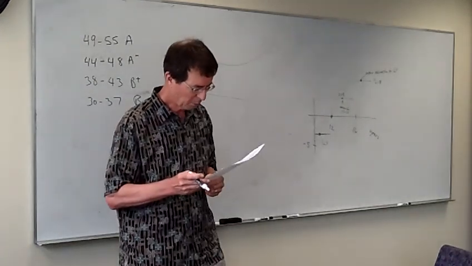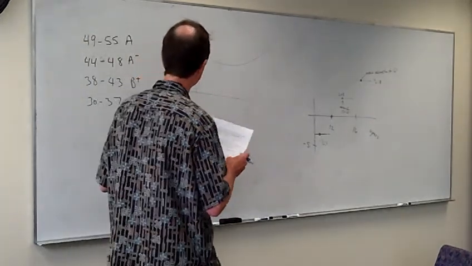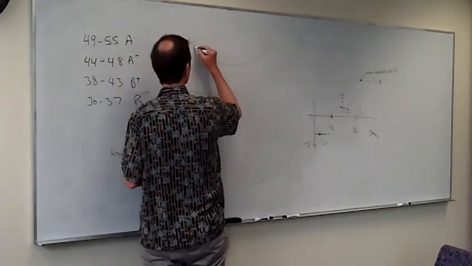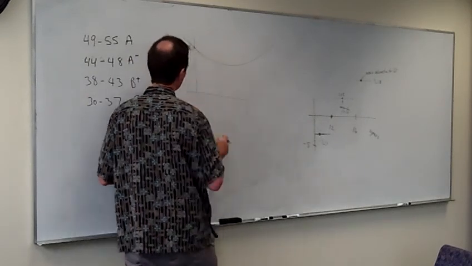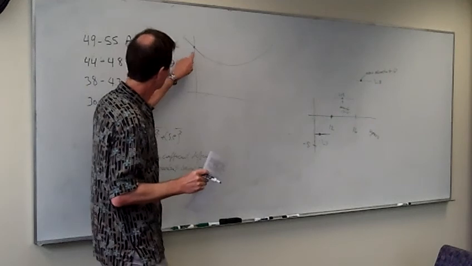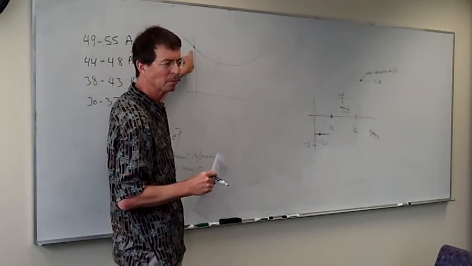So the 12.45, it turns out, is the slope of the parabola where age equals 0.